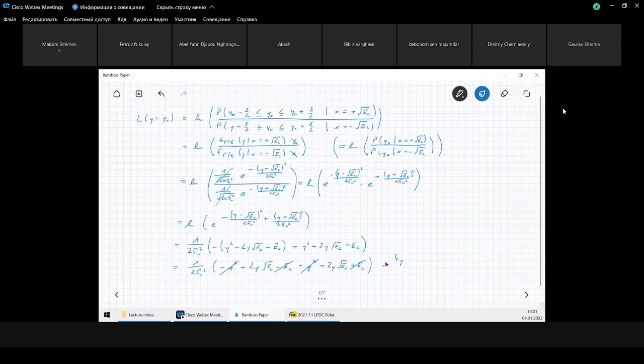Something seems to be wrong here. 4y square root EC. It's okay, divided by 2 sigma n squared.